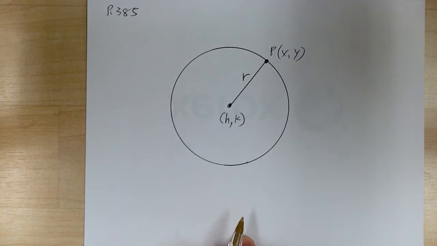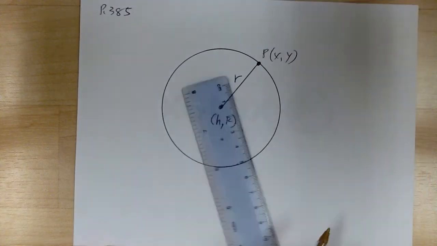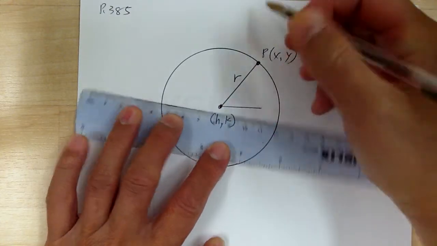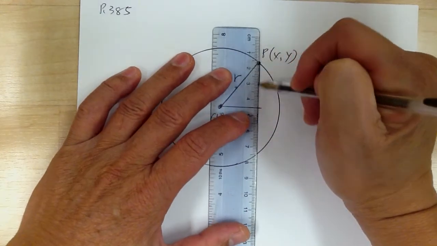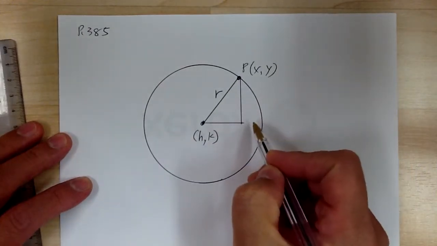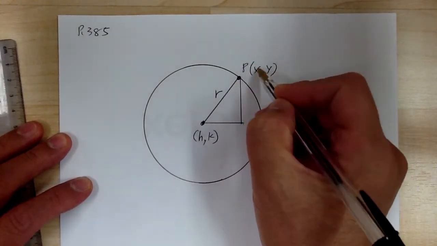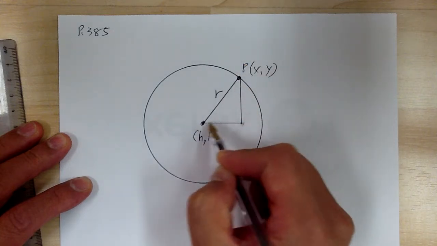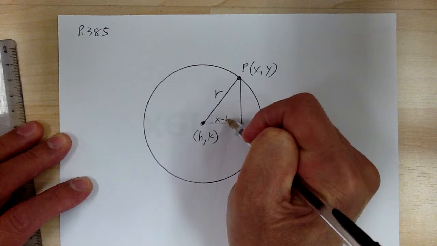Now, from here, if you draw a right triangle, you use the Pythagorean theorem to figure out the distance. If you look at just the x, this is the x, this is the h, so this distance would be x minus h.